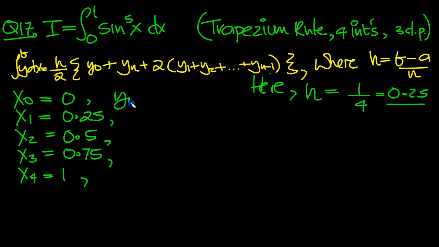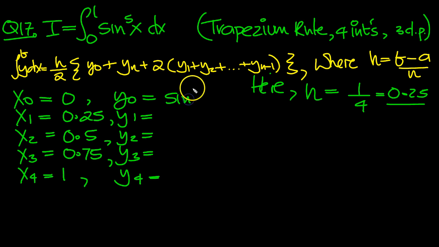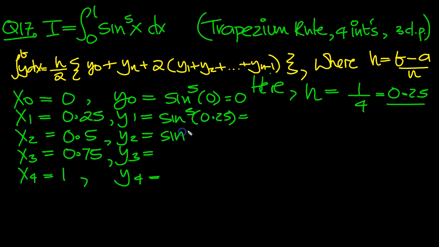Now we need the y ordinates. So it's sine to the 5 of 0, which equals 0, sine to the 5 of 0.25, and again just for 0.5.